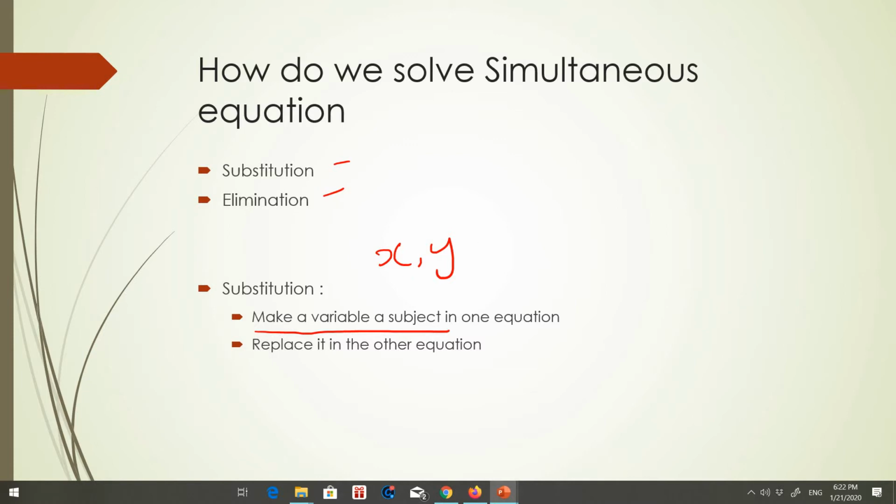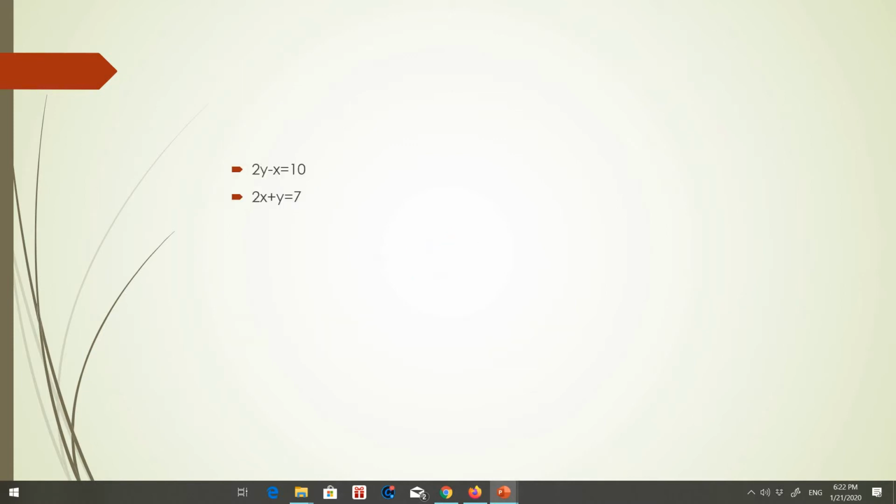So what am I saying? We have these two equations, equation 1 and equation 2. So what can I do now? Here in equation 2, we have 2x plus y equals 7. I can make y the subject of this equation by saying y equals 7 minus 2x.